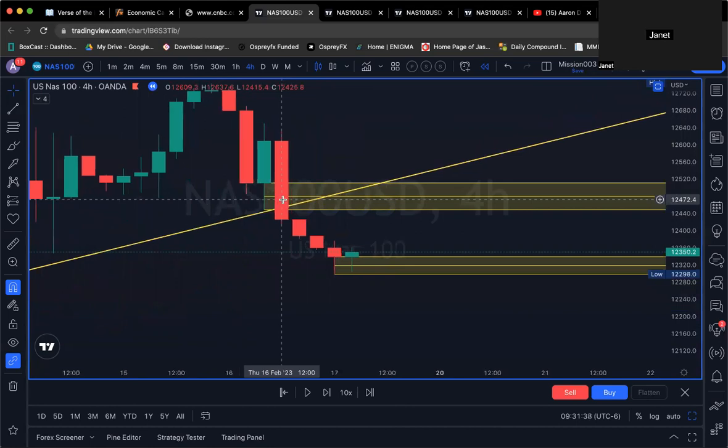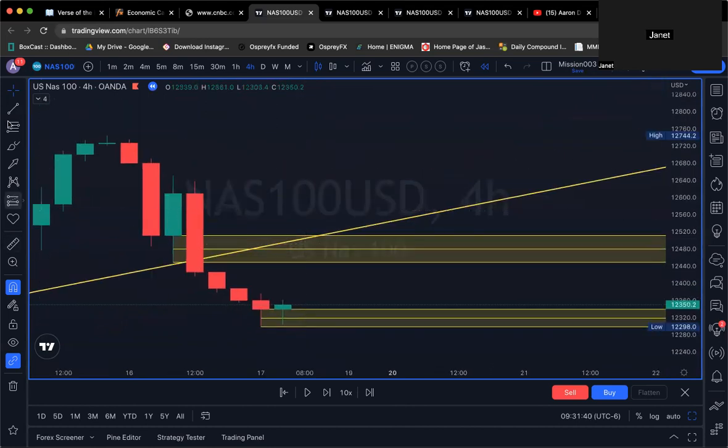I've come up with a couple of ways that I determine what wick is important. Here's how you identify an important wick. Where did price have a reaction? Meaning, price came down and then gave us this green bar and it reacted right here. So that one right there is important.